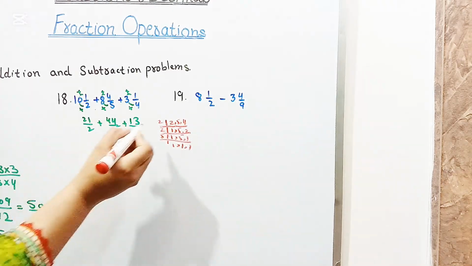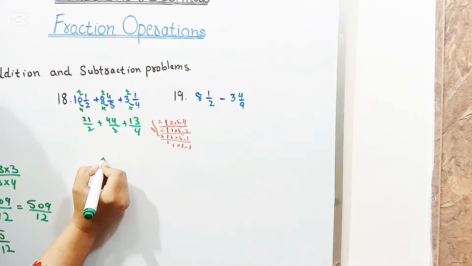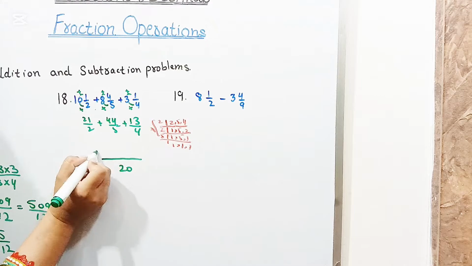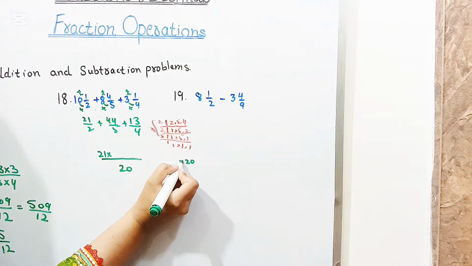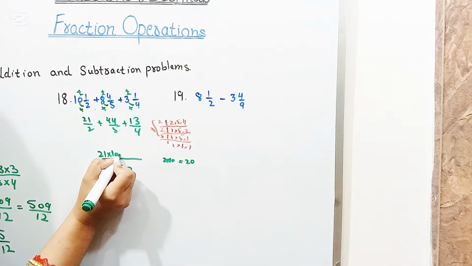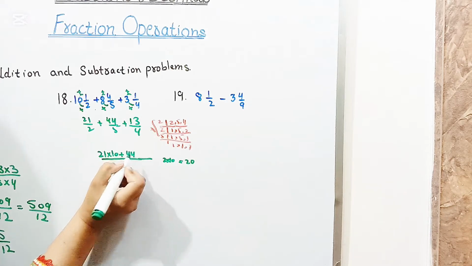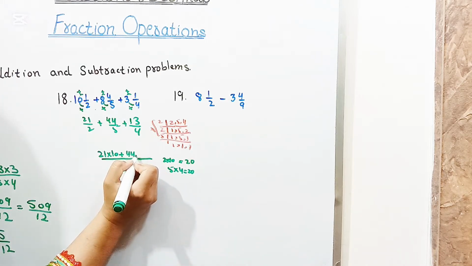When we multiply them, 5 2s are 10, 10 multiplied by 2, 20. 21 multiply by my LCM, 20 divided by 2 is 10, so 21 multiply by 10. 5 multiply by 4 gives 20, so 44 multiply by 4.